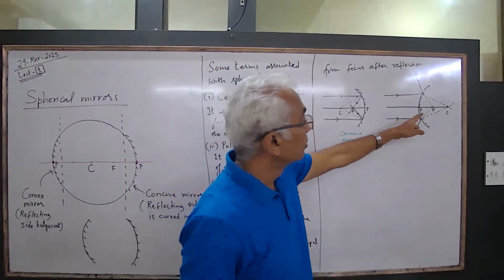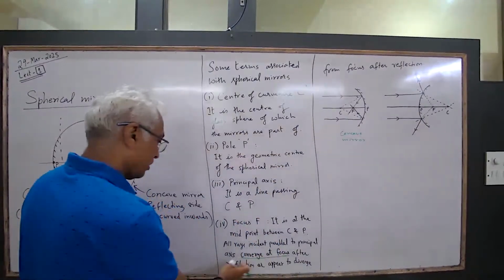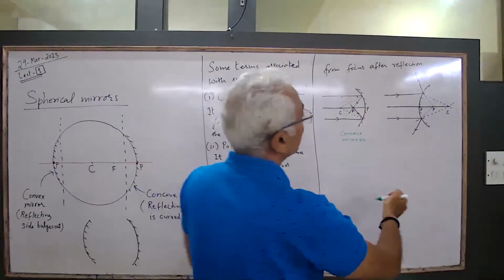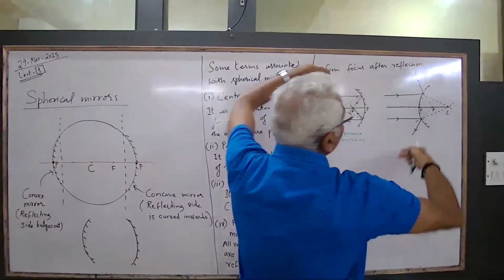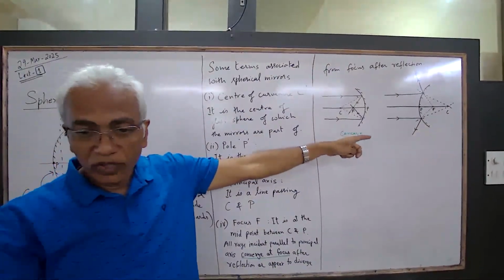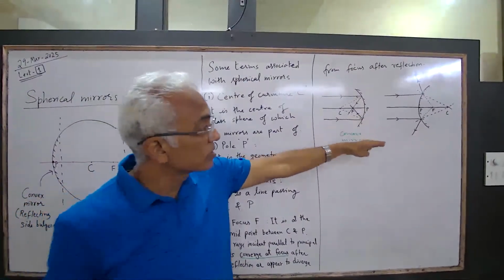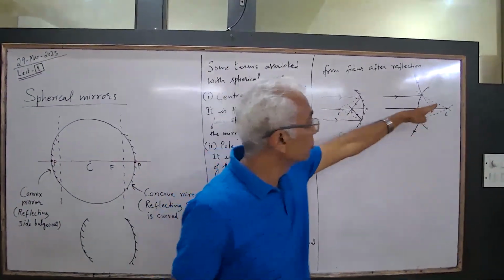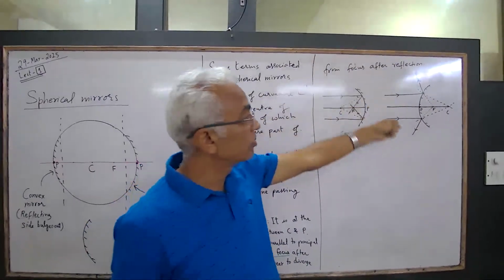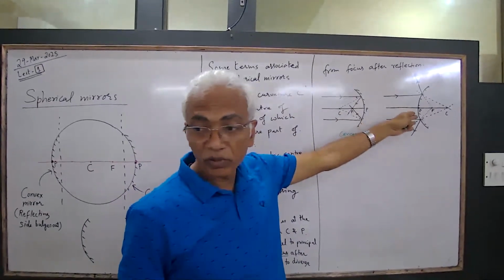Okay? But what is happening after reflection? All appear to diverge from focus after reflection. So these rays are coming from here. You got it? For proper diagram, you can see the book. This is slightly like it should be straight. Okay? So since I am drawing freehand, it's not coming proper.